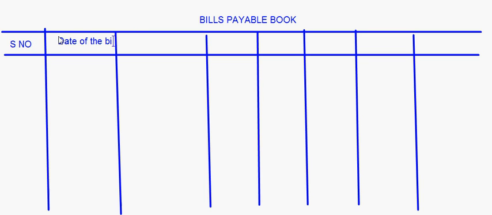Then you have the name of the drawer, the payee of the bill, term of the bill, date of maturity, the amount, and finally the remarks. These are the columns that we have in the bills payable book.